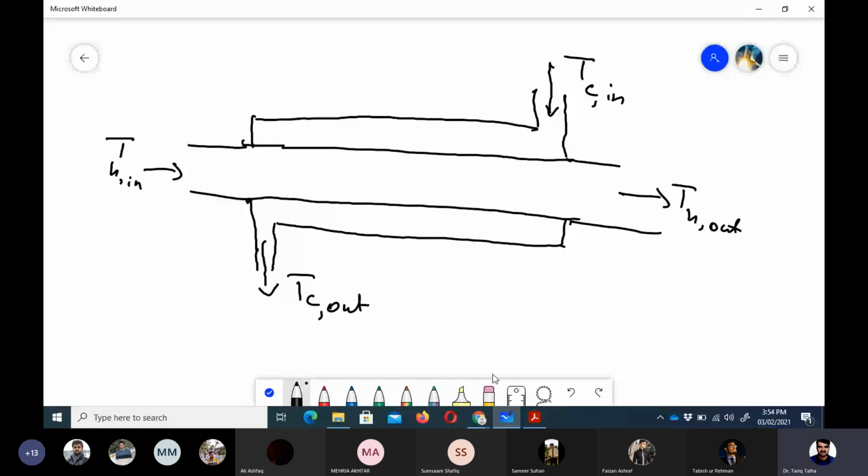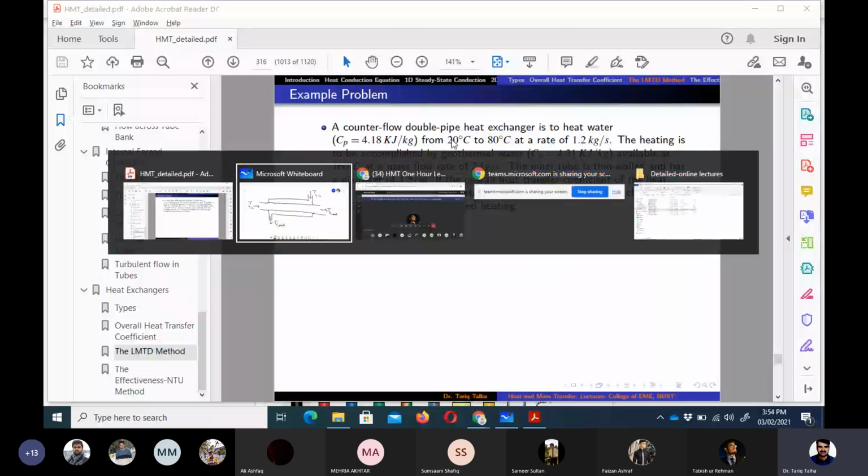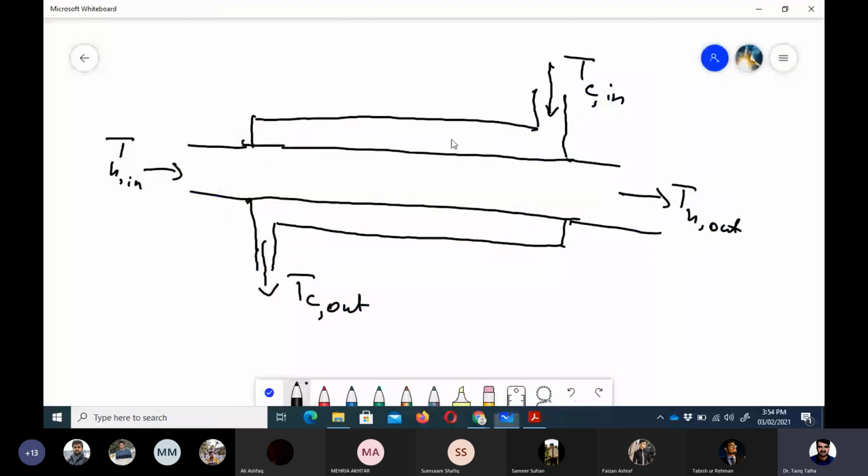If we write the values, the water is to be heated, so water is the cold fluid here, 20 to 80 degrees. So cold water in is 20 degree and cold water out is 80 degree.